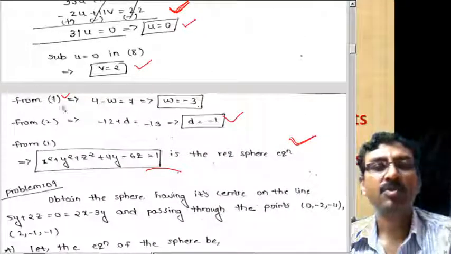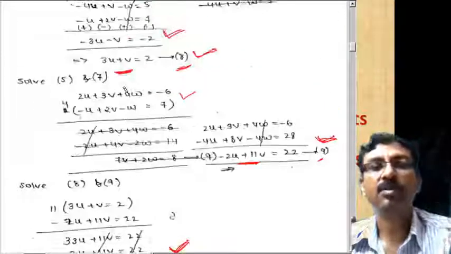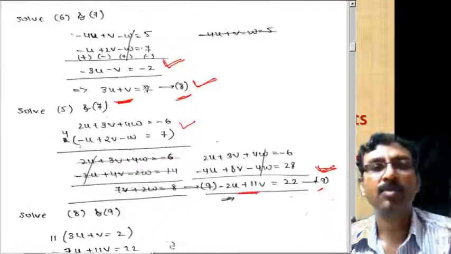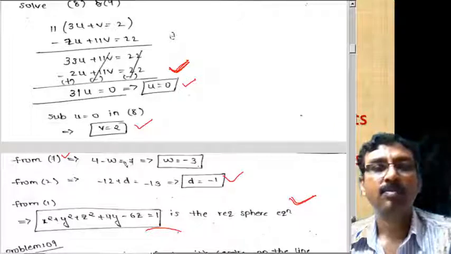Substitute the u and v values in equation 7. What is equation 7? Minus u plus 2v minus w equal to 7.